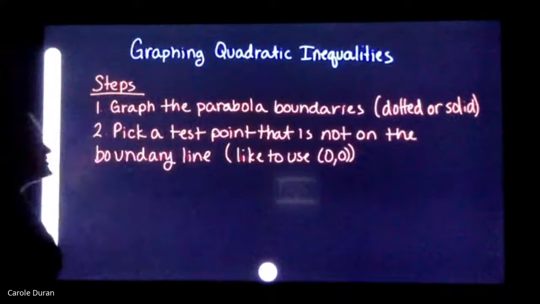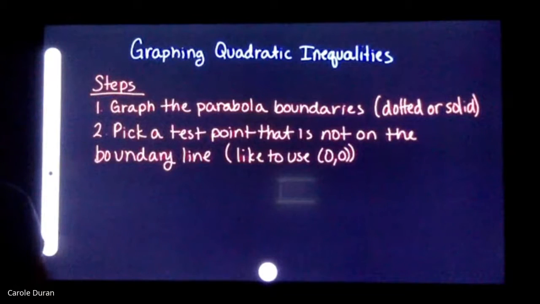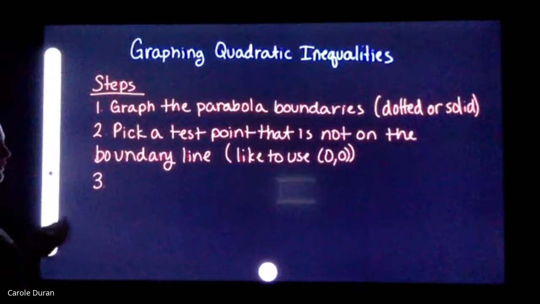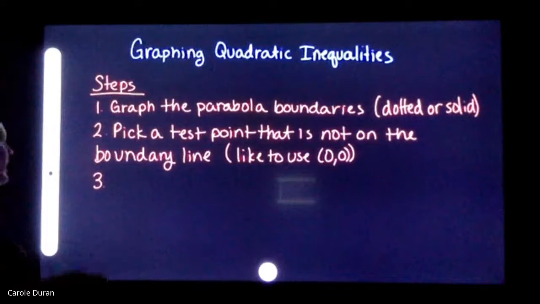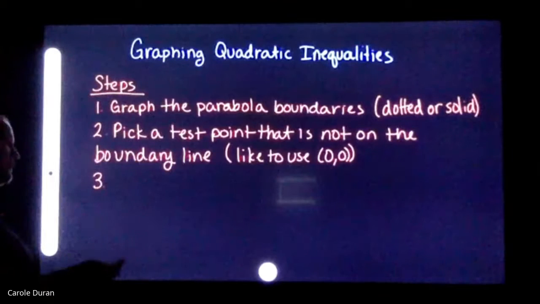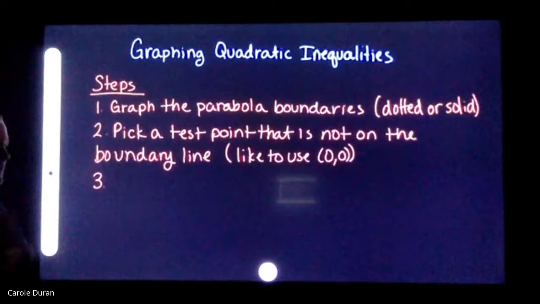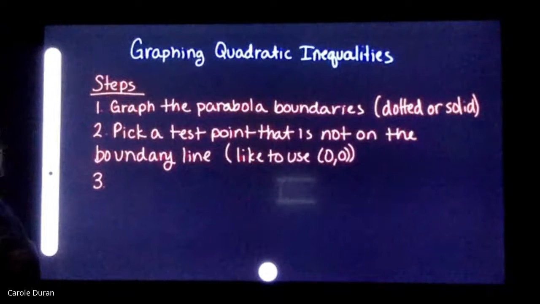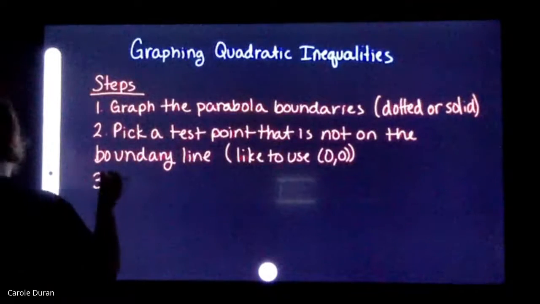This is no different. I still like to use 0, 0 for this because it's super easy to solve. And then just like before when we were graphing inequalities, if that 0, 0 makes the inequality true, we shade towards 0, 0 or the side that includes 0, 0.